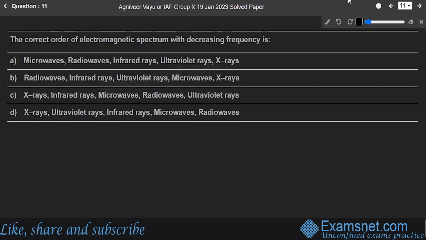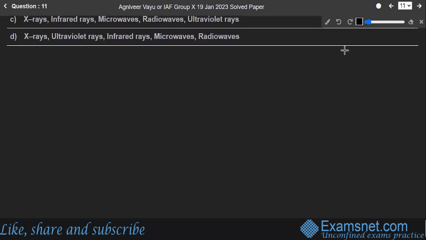Question number 11. The correct order of electromagnetic spectrum with decreasing frequency is given by. See, the electromagnetic spectrum is a range of all types of electromagnetic radiations arranged according to frequency or wavelength. We have already known this. Now, in order of decreasing wavelength or increasing frequency, the table is given like this.